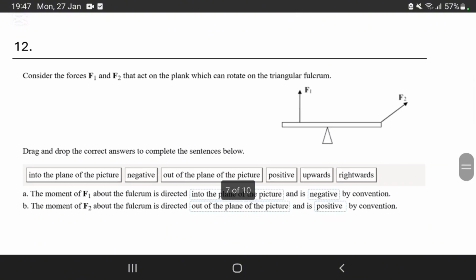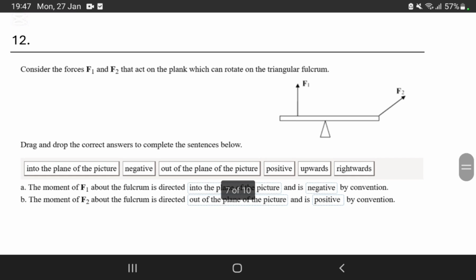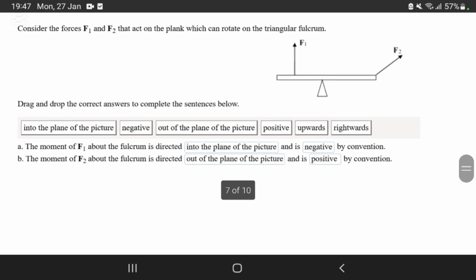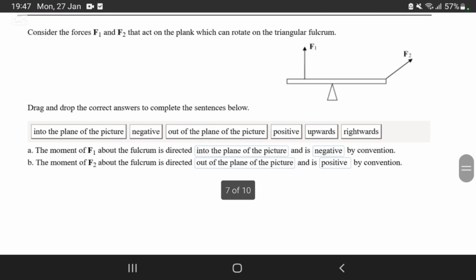As I've said for a previous question, for questions like these we have to use the right hand rule by putting our hand on the fulcrum, curling our fingers towards the force, and then our thumb will indicate if it's into the plane or out of the plane. And as I've said before, let's say we have a seesaw.